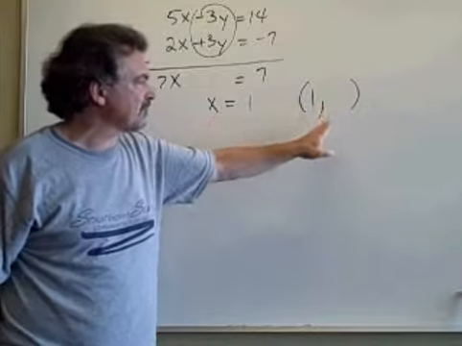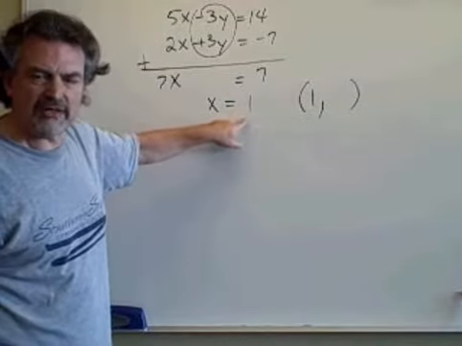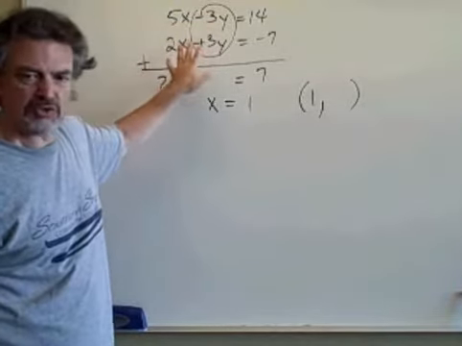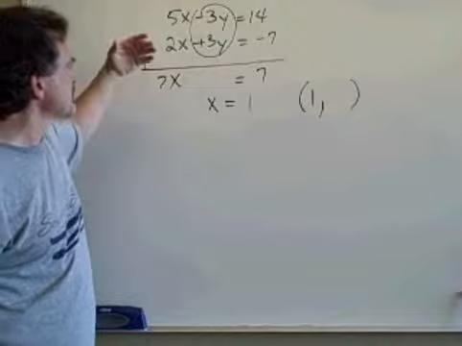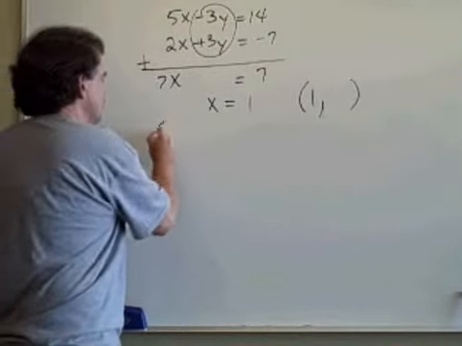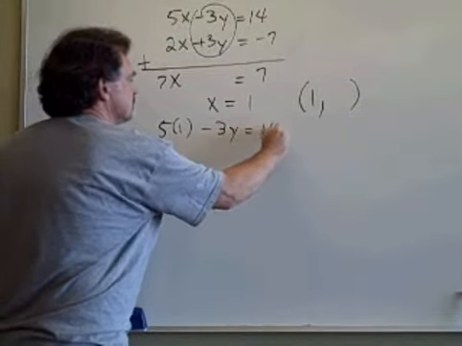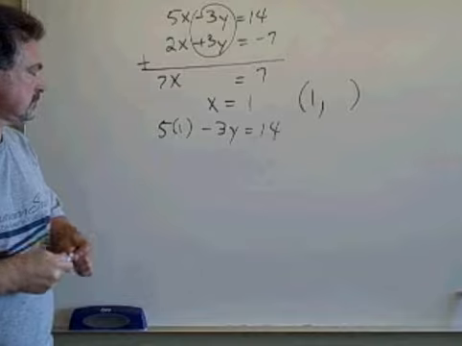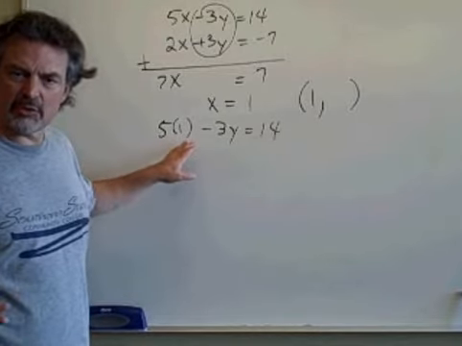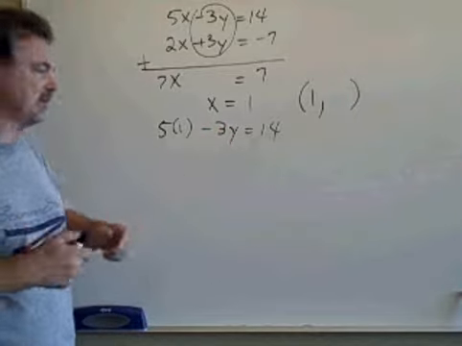And now if I want to find what the y value has to be, I simply take this value of x being 1 and put it into one of the original equations. For instance, let's put it into the top equation. Let's let x be 1 in the top equation. Now I've created another linear equation in one variable. The variable is y, and I can solve that equation to find y.